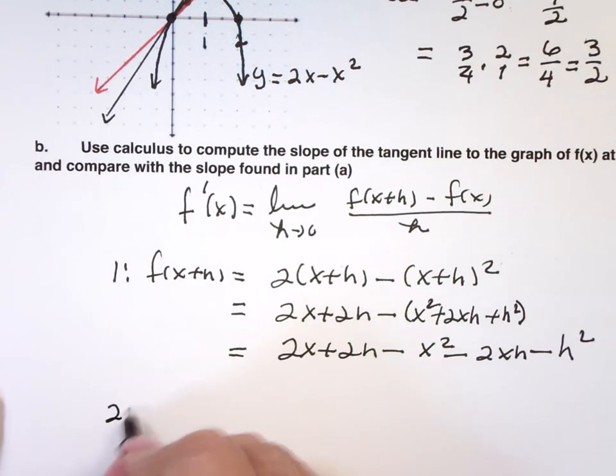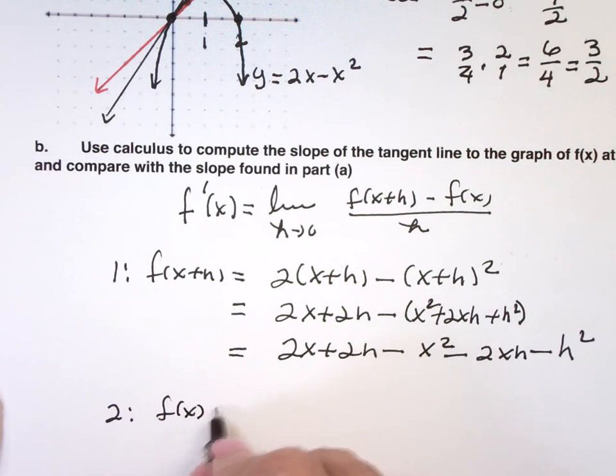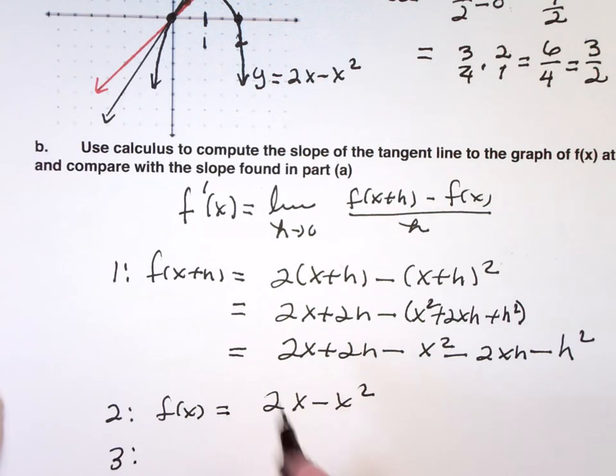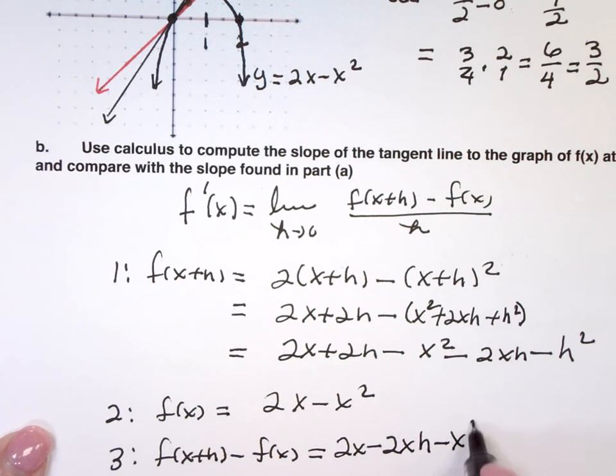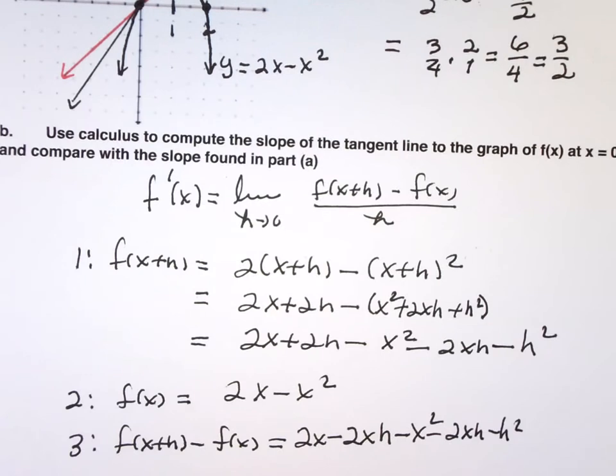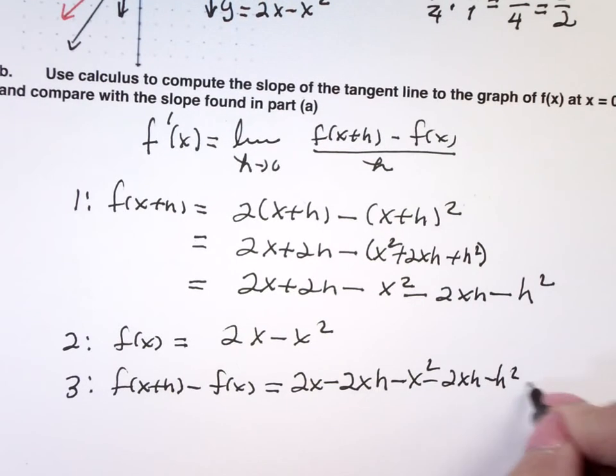So step 2 is just the original problem, which is 2x minus x squared. Step 3 is f of x plus h minus f of x, which takes this mess in step 1 and subtracts off the original problem. More than one term, so it needs to be in parentheses.